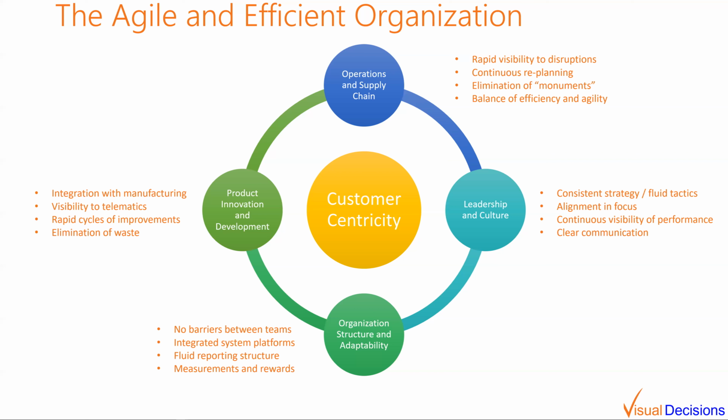As we're doing the engineering, we're already looking at how that's going to be made within manufacturing, what the supply chain requirements are, and then being able to get that into the field.